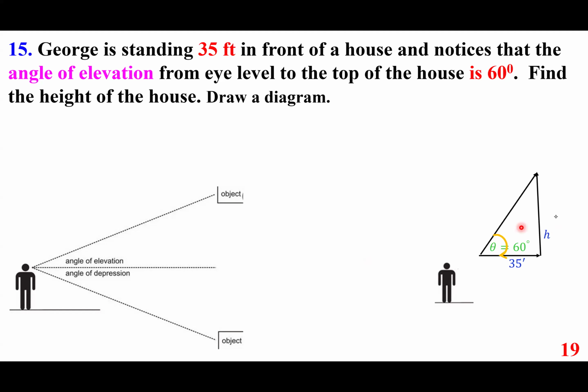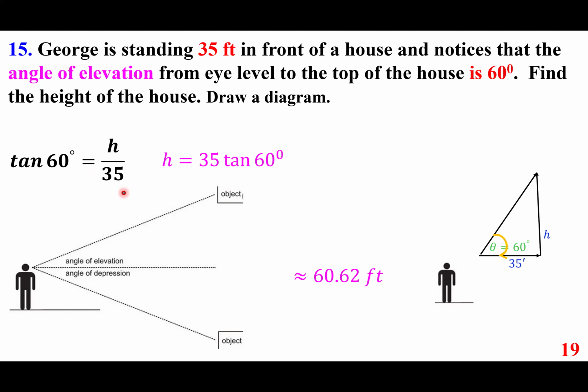So tan of 60 is the opposite h over the adjacent 35. That is the fastest way to go. H is the product of these two numbers. Put it into a calculator, and we get 60.62.